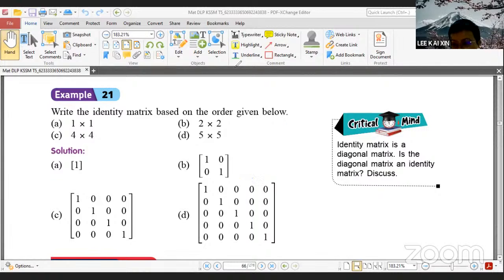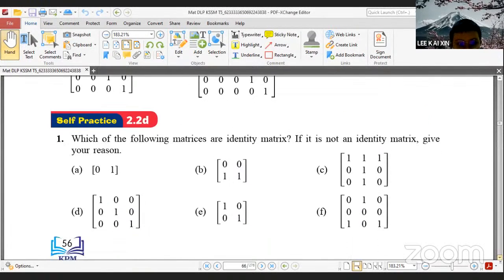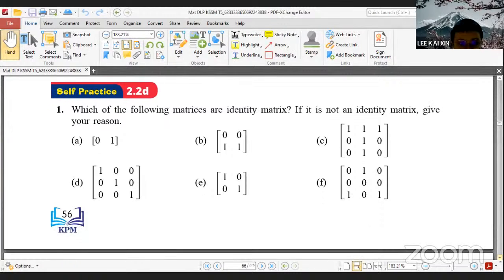Okay, if you look at the self-practice here, which of the following matrices are identity matrices? If it is not an identity matrix, give your reason. This one is not an identity matrix because the 1 must be at the first position like that.